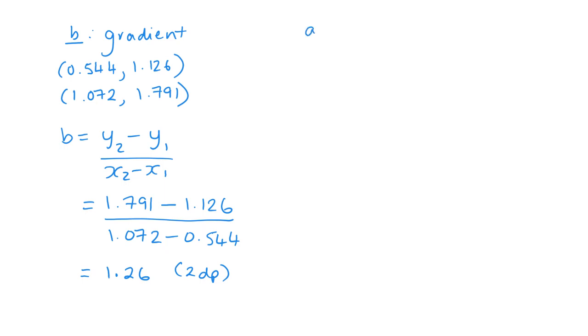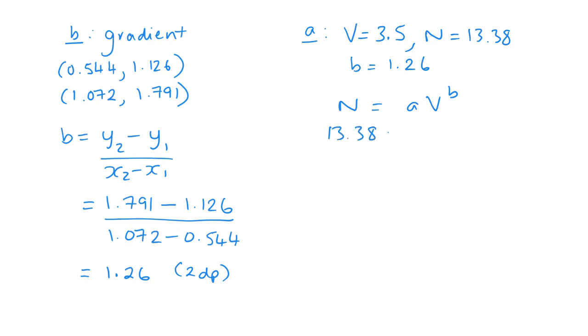So then to find A, pick points. So from your table, when V was 3.5, N was 13.38, and B was just found out as 1.26. So put that into our formula, N equals A V^B, and we should be able to work out A. So we'll get 13.38 equals A times V, which is 3.5 to the power of 1.26.